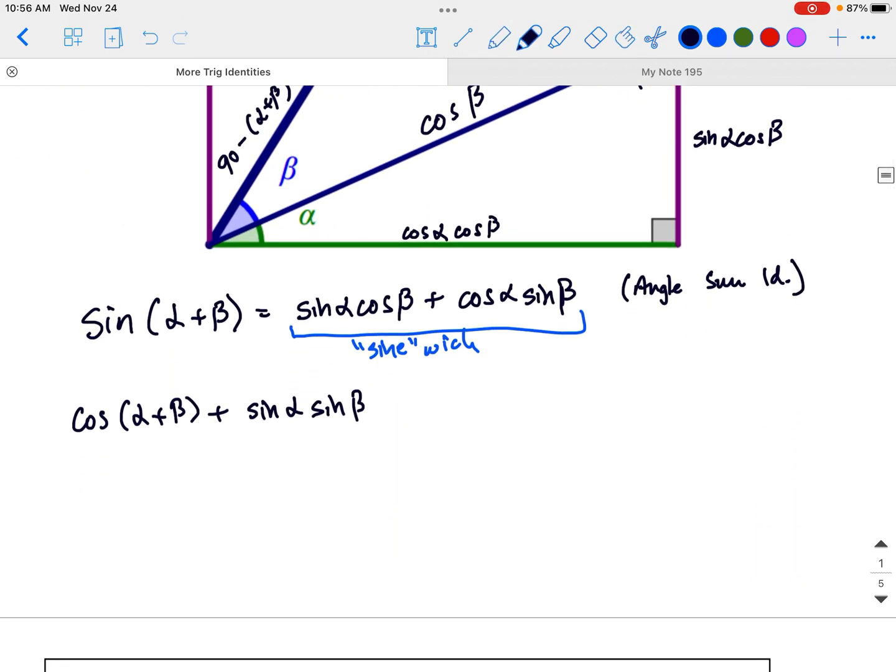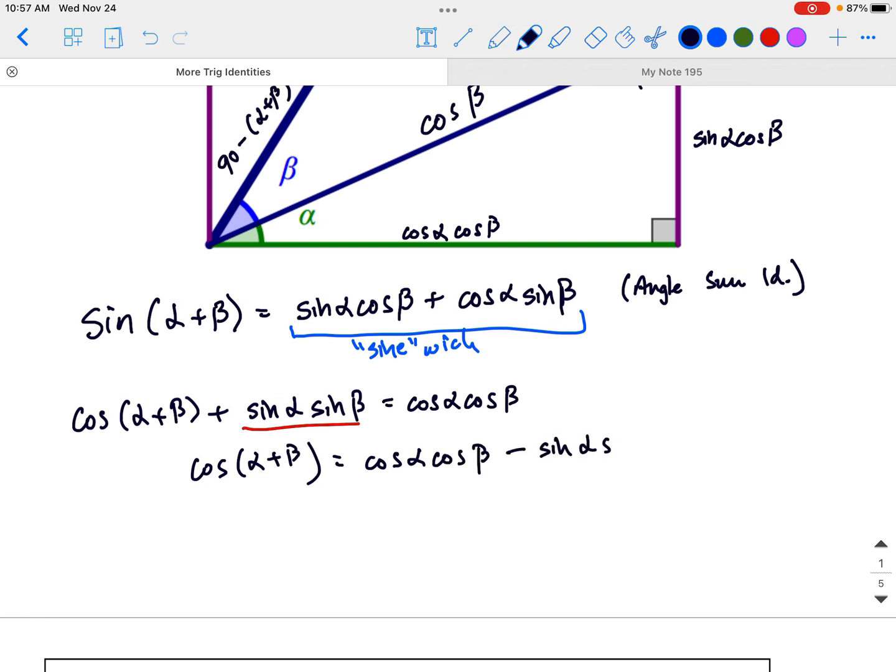And then on the bottom, that's going to be equal to cosine alpha cosine beta, which means that cosine of alpha plus beta, if we subtract sine alpha sine beta over, is cosine alpha cosine beta minus sine alpha sine beta. And this is going to be our angle sum identity for cosine.